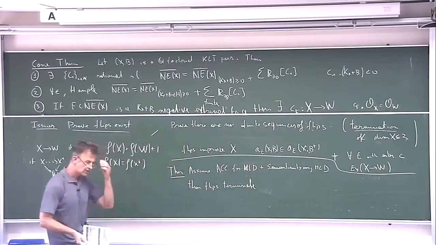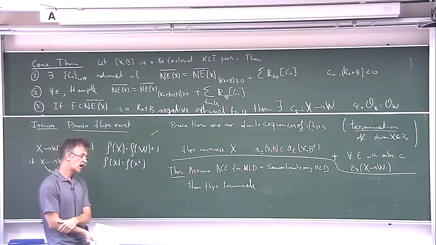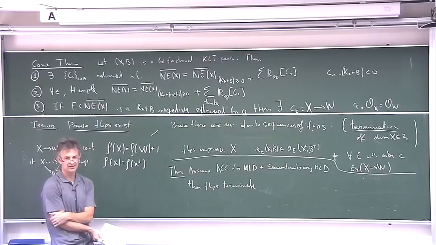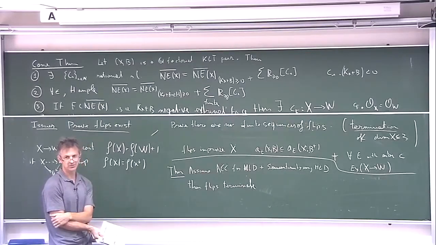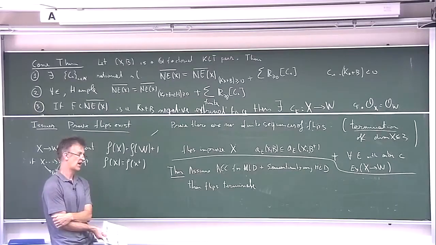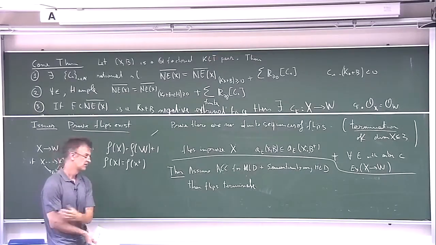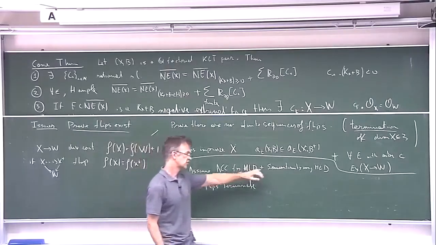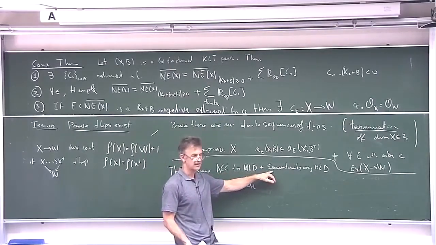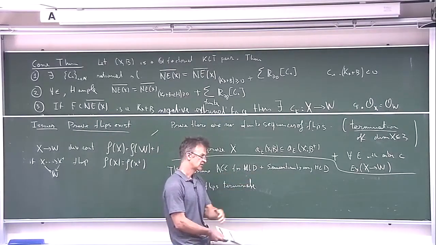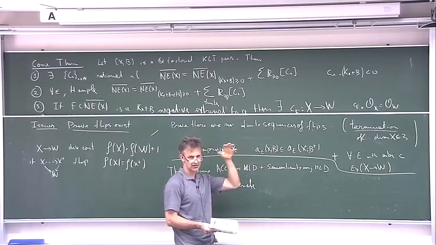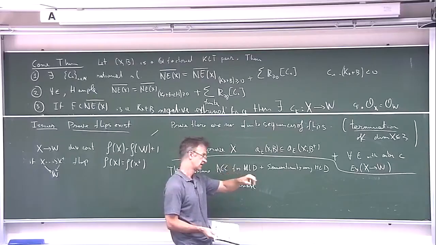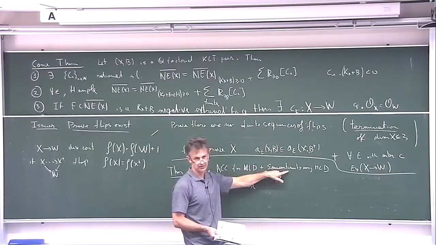So if minimal log discrepancies really are the measure of singularity that we hope them to be, then they will do the job that they're supposed to do: prove that any sequence of flips has to terminate. You cannot have an infinite sequence of flips. The semi-continuity, roughly speaking, tells you that you can stratify X according to how singular each stratum is in terms of the MLD value of that point.